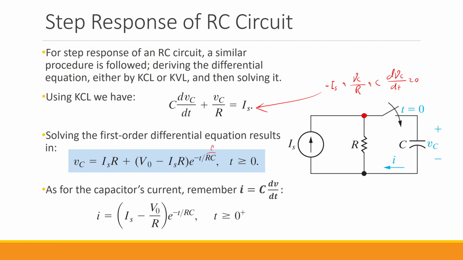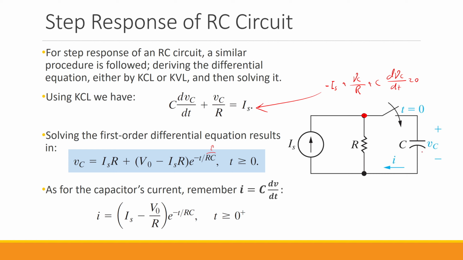Another thing that you might notice is when we take t to infinity, this exponential part is going to be 0, so this term multiplied by 0 is going to be 0, and VC is going to be ISR.